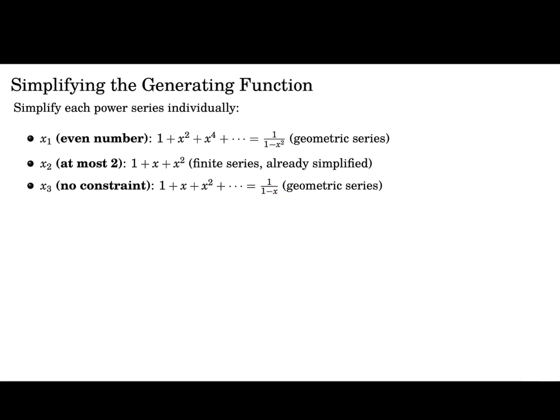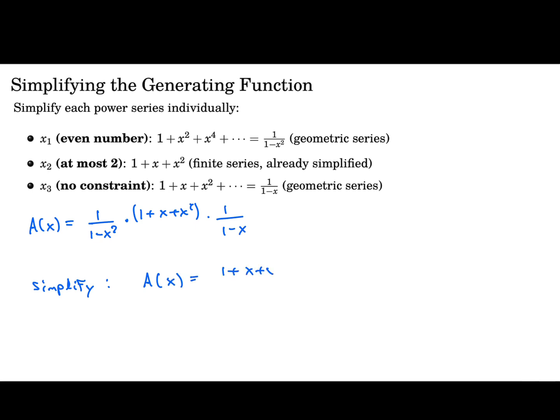So what this means is that our A of x is going to be the product of these three things, and if we simplify, we get A of x equal to 1 plus x squared divided by 1 minus x squared, times 1 minus x.